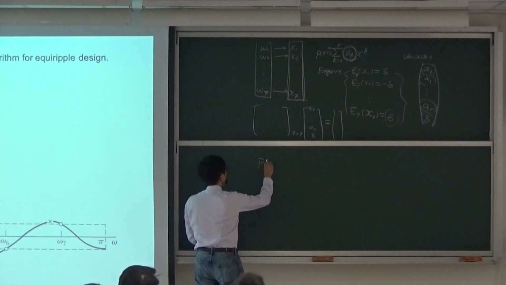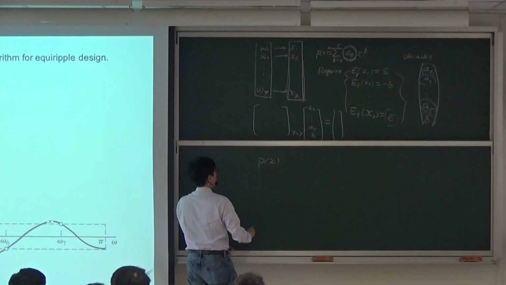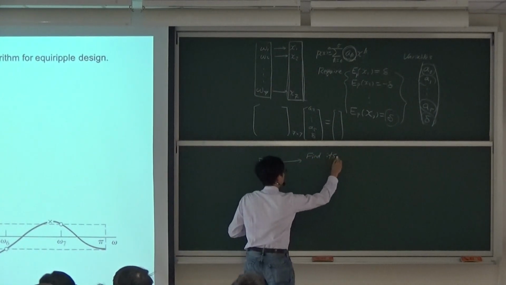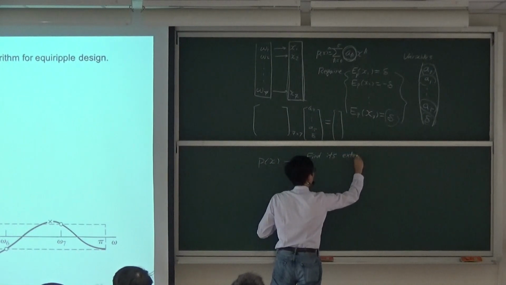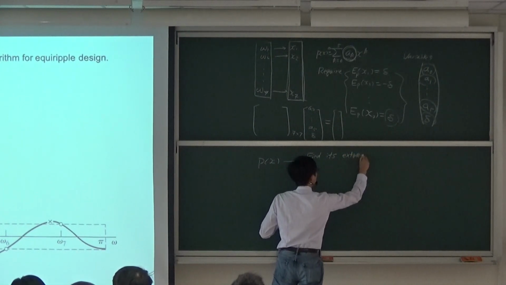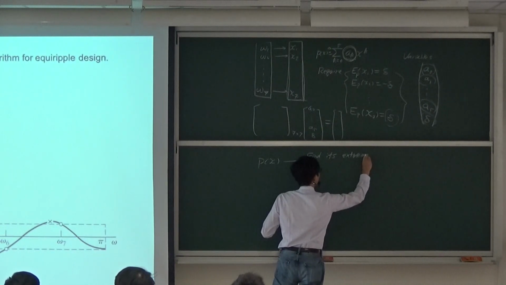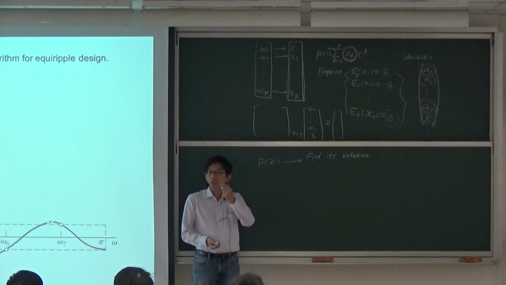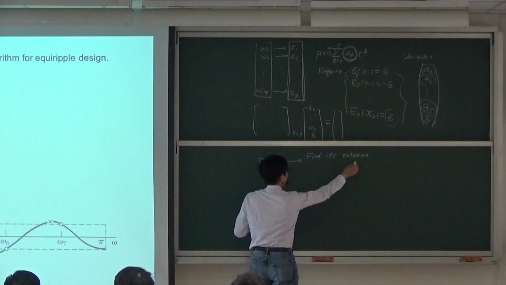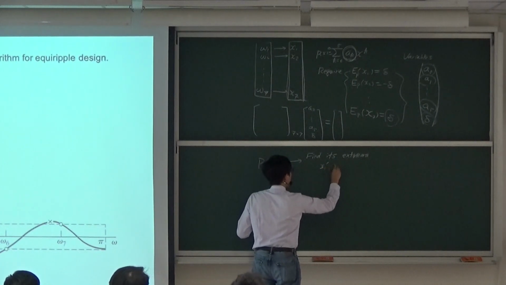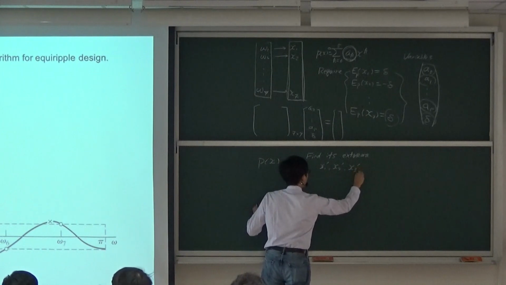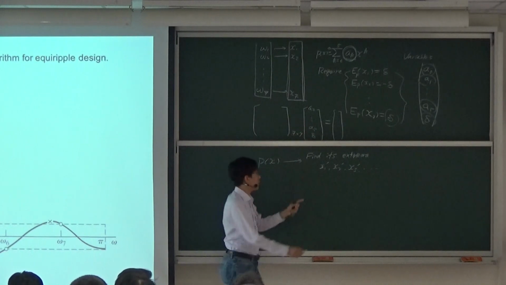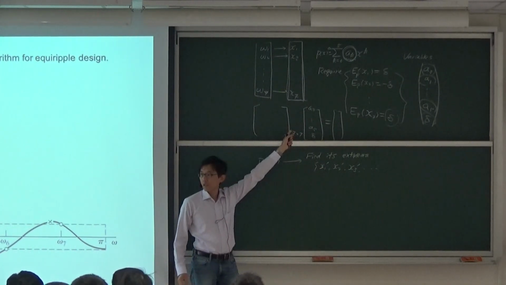After finding a polynomial, you can try to find its extrema, and the list of the extrema might be x1 prime, x2 prime, and so on.